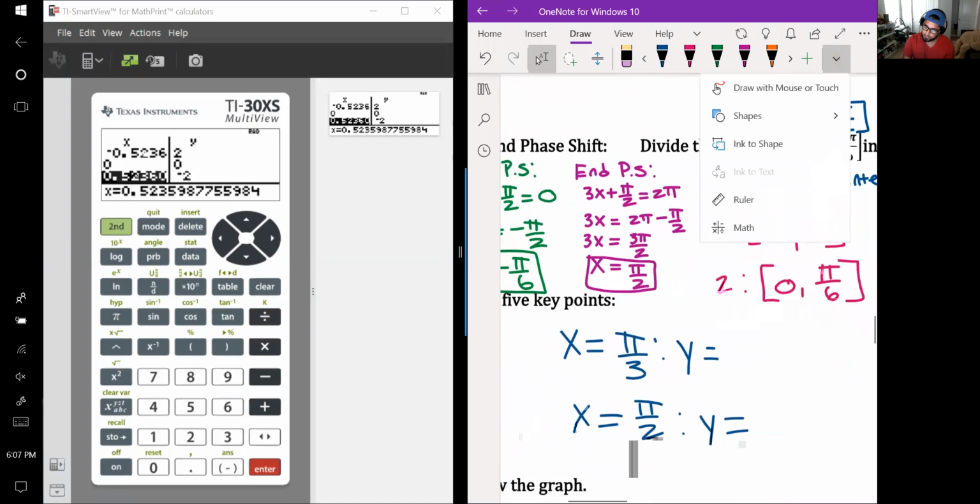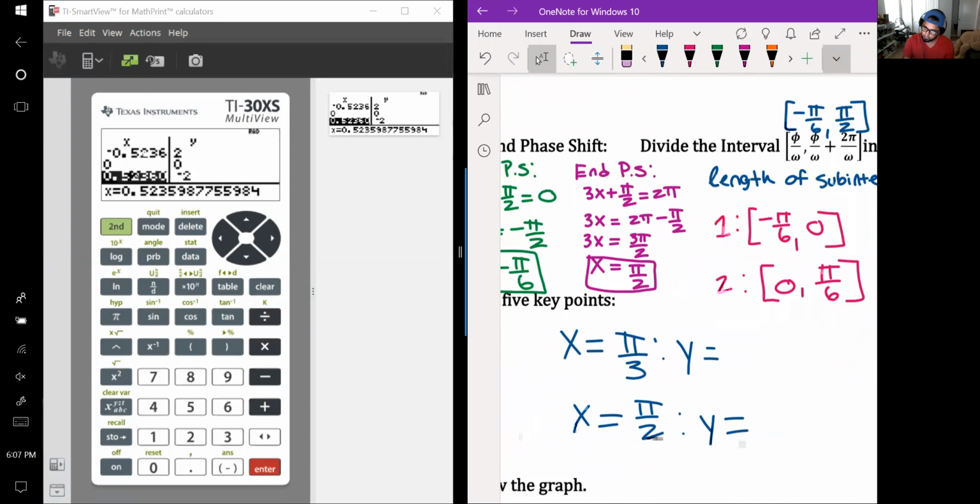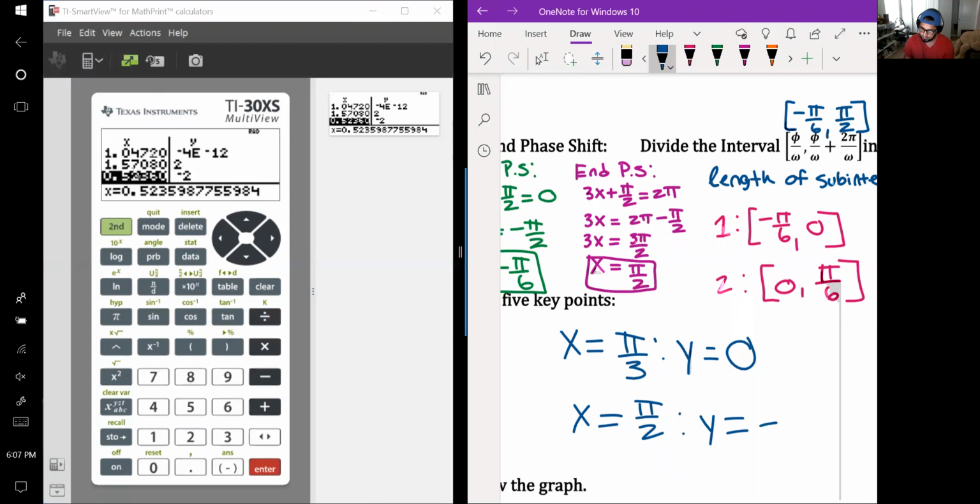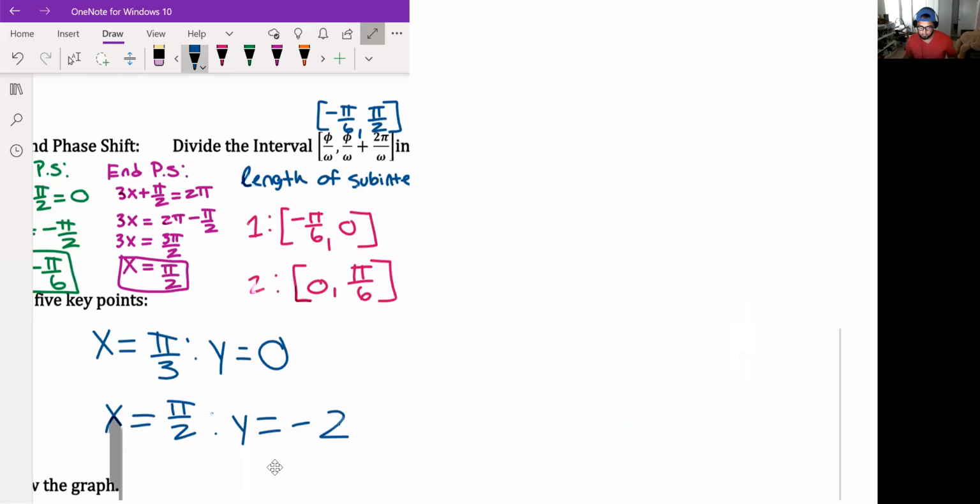Then we move on to pi over 3. Negative 4e to the negative 12th. So that's basically 0. And then pi over 2 gives me negative 2.